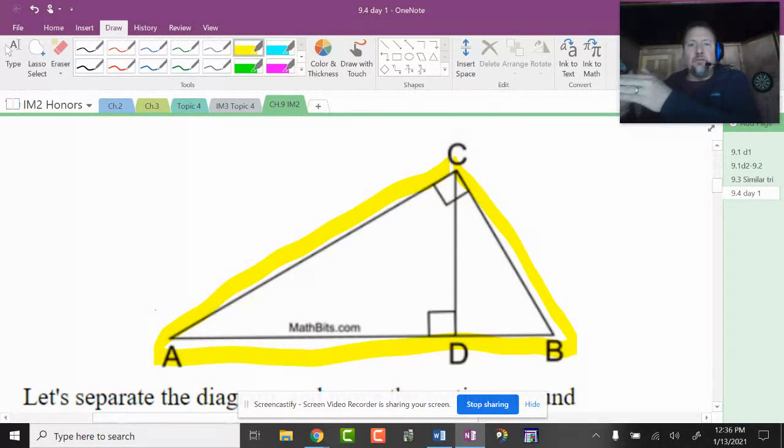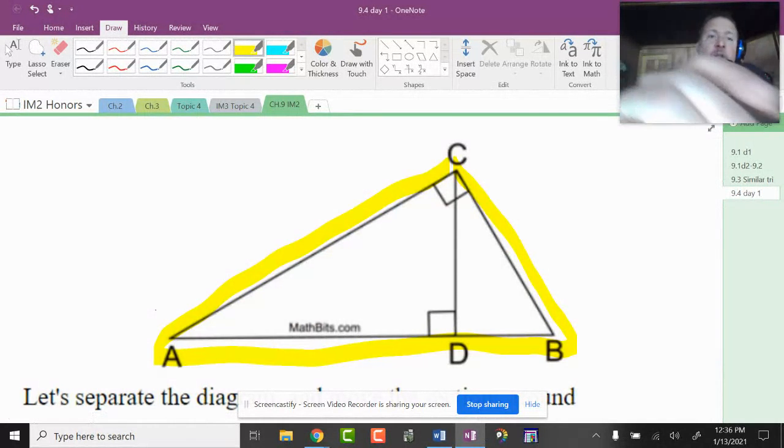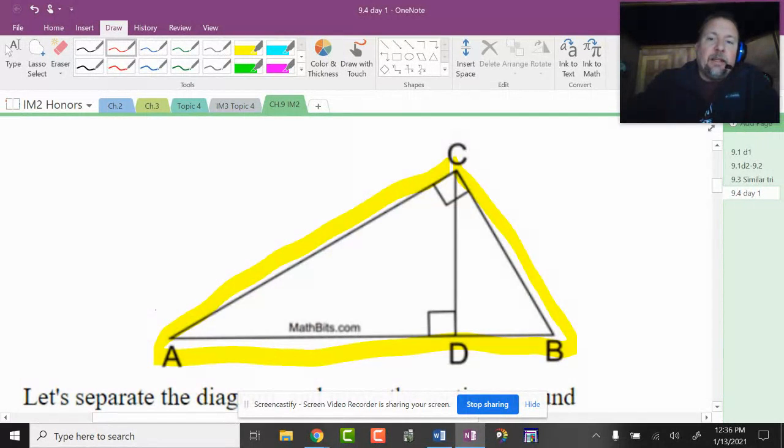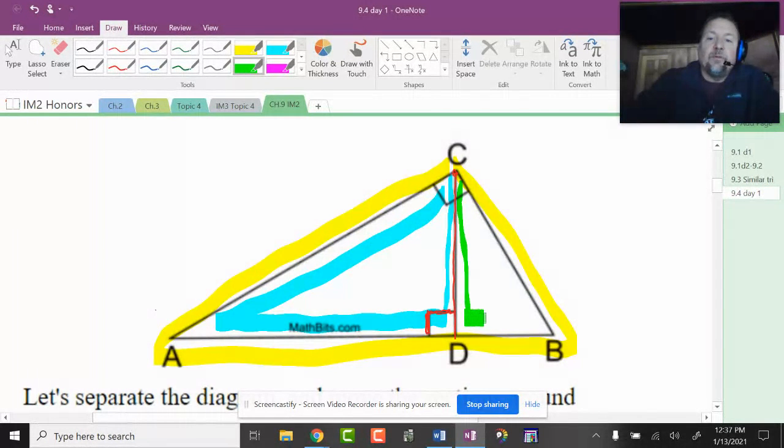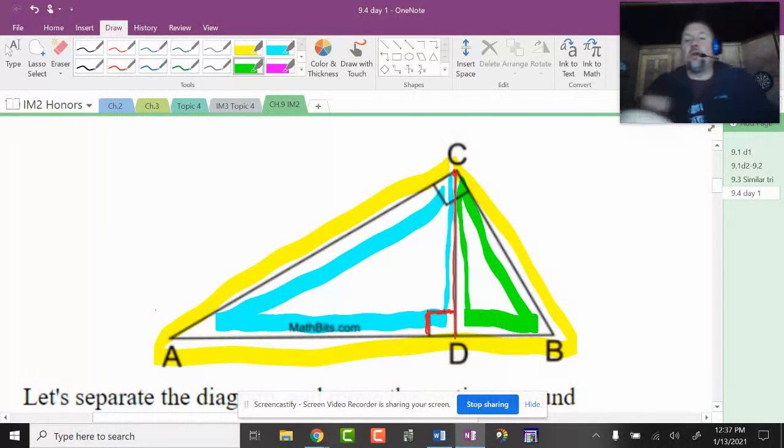That's really what these two theorems are based off of. When I drop a perpendicular from the right angle to the hypotenuse, what's called an altitude, it creates two smaller right triangles as well. Now we have three right triangles from this one.